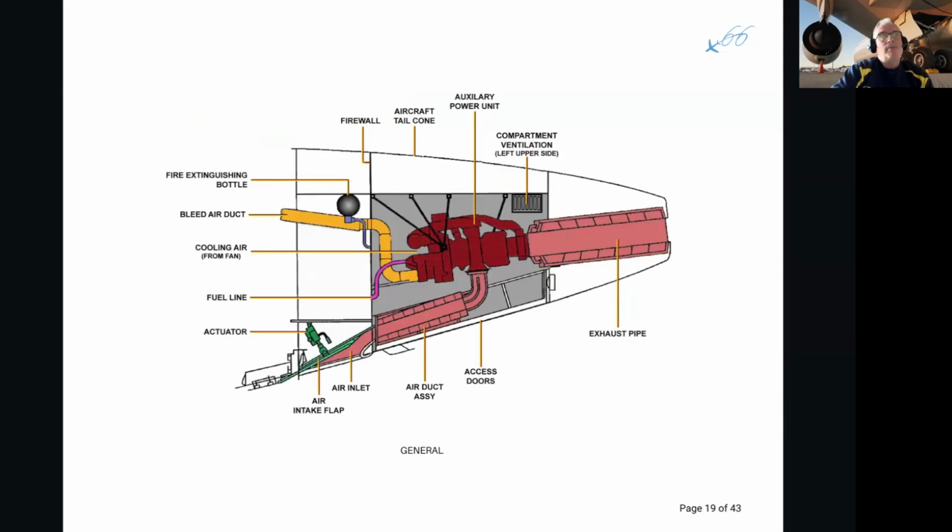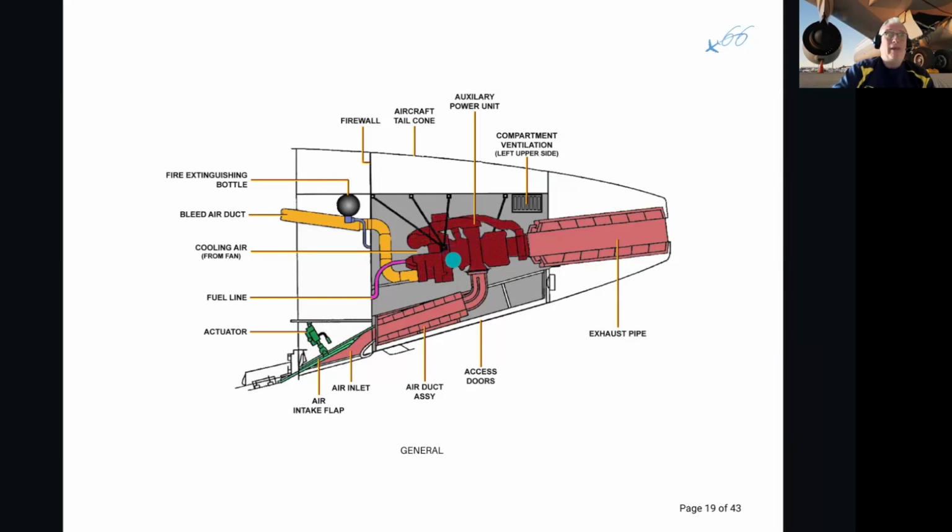Here is the APU in its box. Here is the air inlet, where it's usually closed. By closing it, it aerodynamically smoothens the underside of the aircraft. When commanded to start the APU, the first thing that happens is the air inlet opens progressively and lets the air come in here and be combusted, which will turn different components, including a generator and a bleed valve.